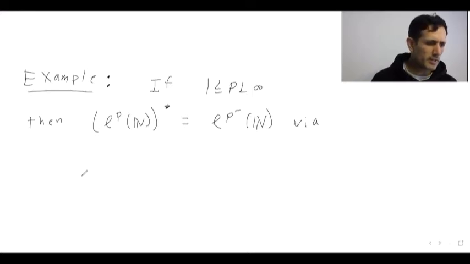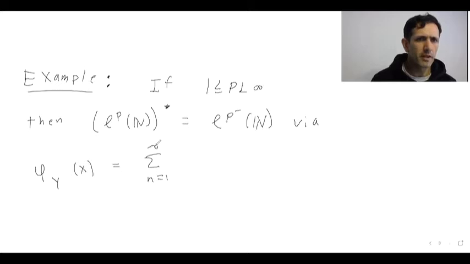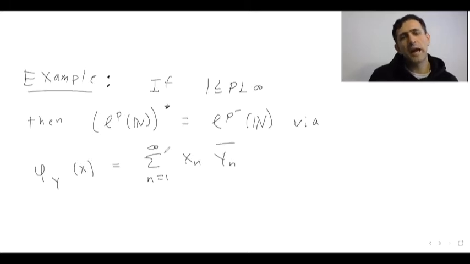Well, I mean that every bounded linear functional on little lp is given by phi y, where y is an element of little lp prime, and phi y is given by basically x inner product y. I mean, we're not dealing with a Hilbert space, so technically there are no inner products, but it's basically x inner product y.